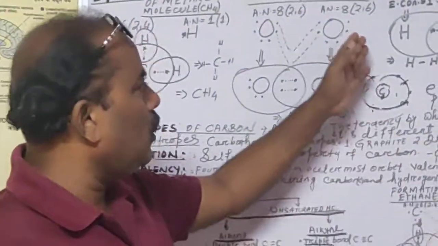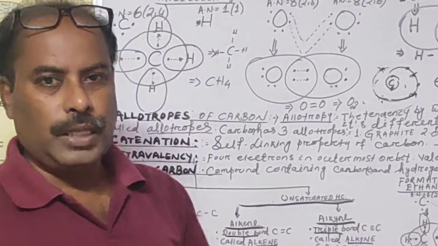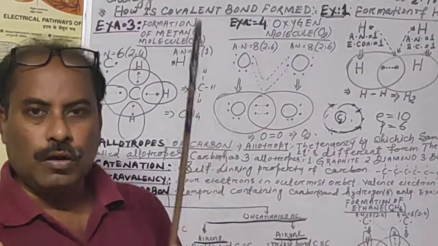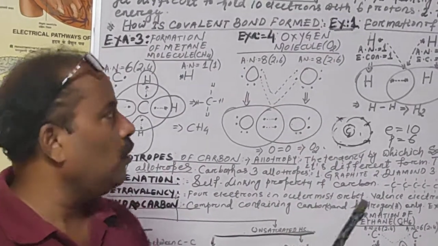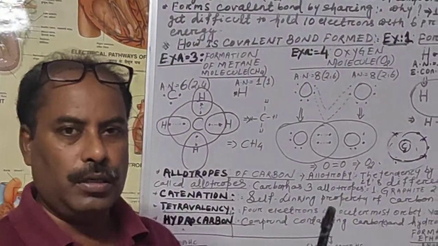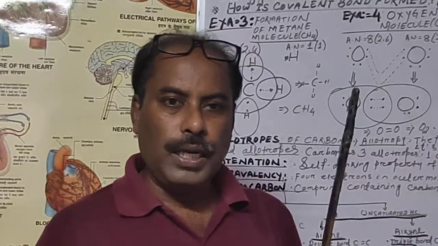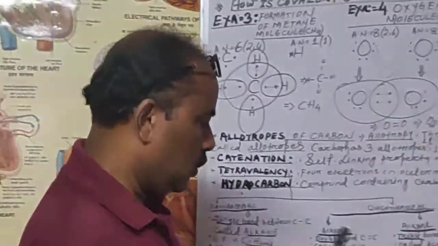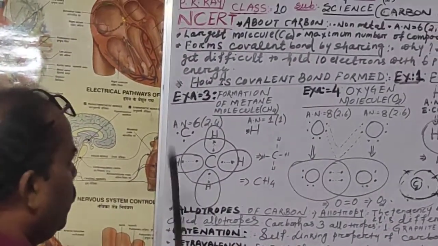That's why it does not want to lose electrons. So neither does it gain nor lose electrons. It does not make any ionic bond or ionic compound, but shares electrons to make a covalent bond and covalent compound. That's why carbon always makes covalent bonds and covalent compounds with other elements. So this is about why it makes the covalent bond.